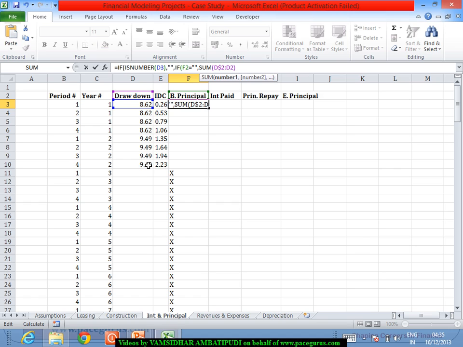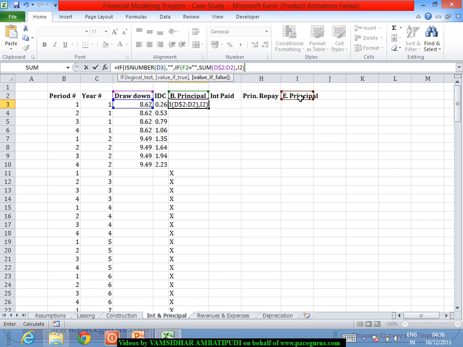So because of that, it will give me the outstanding principal. So if we are talking about the above cell being blank, it will give me the outstanding principal, and if it is not blank, it will give me the ending principal corresponding to that particular period, right?